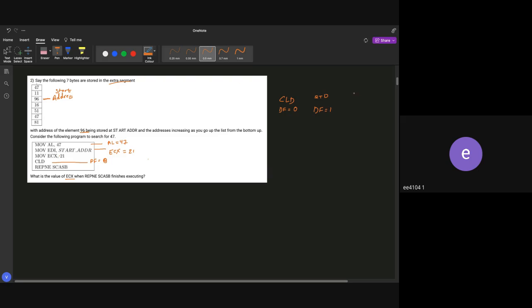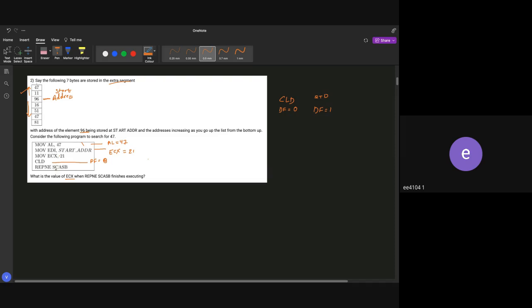Since the direction flag is 0, we'll start from this 96 and move in the upward direction. If it had been 1, we would have moved in this direction.